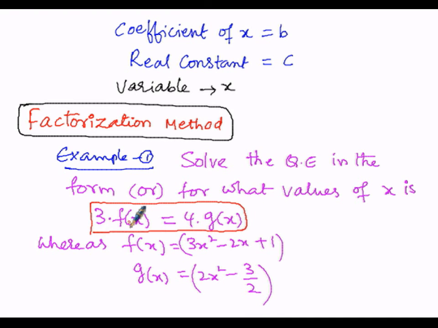When we substitute f of x and g of x in the LHS and the RHS, we will get a quadratic equation in the form of ax square plus bx plus c. Then we have to solve for x by the factorization method. Now the solution starts.